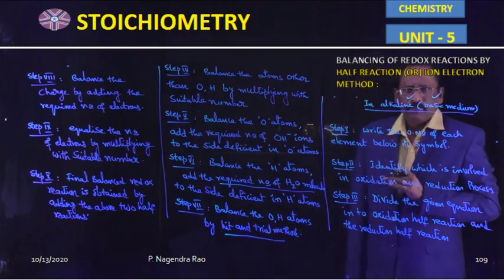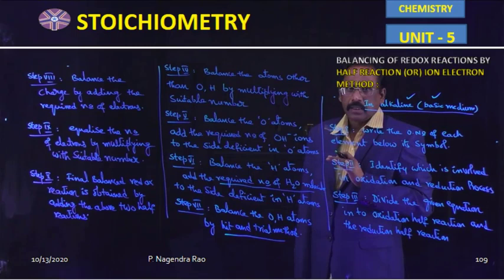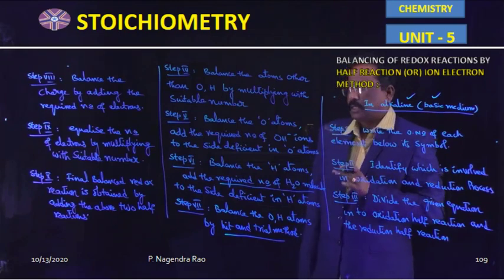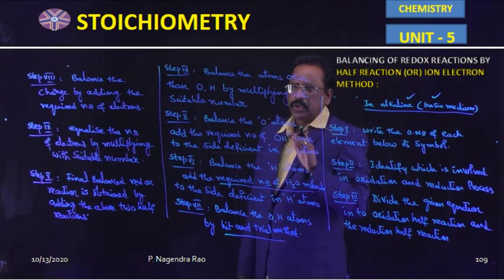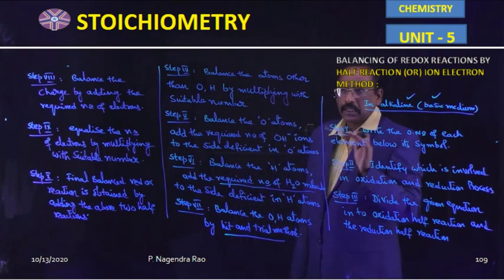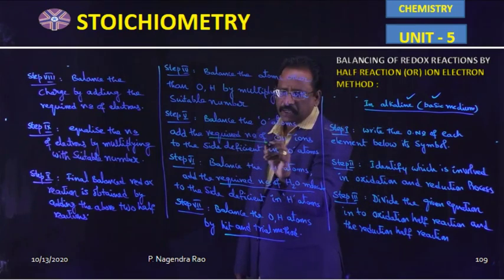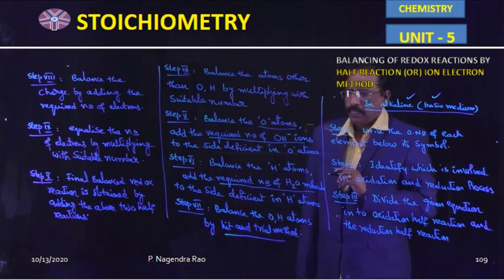If the chemical reaction takes place in alkaline medium, same rules except, if you want to balance the oxygen atoms in alkaline medium, add the required number of OH minus ions on the deficient side.